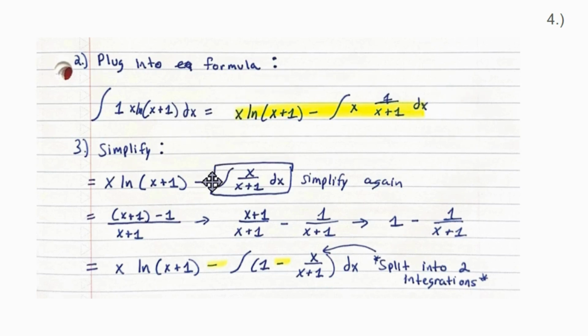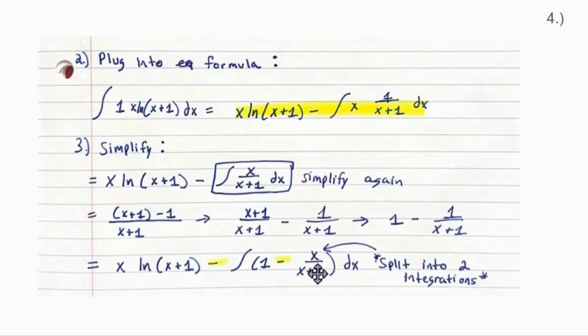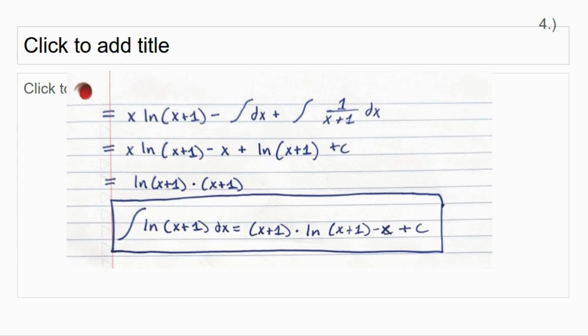So we're going to plug in everything to the formula, which leaves us with this highlighted portion. And then we need to simplify this box portion, which we could do by splitting it into 2 fractions, leaving us with 1 minus 1 over (x plus 1). Split this into 2 integrations, and since they're both negative, it would equal positive.